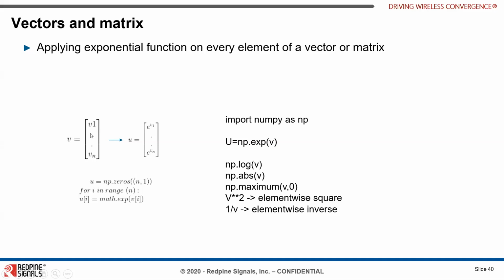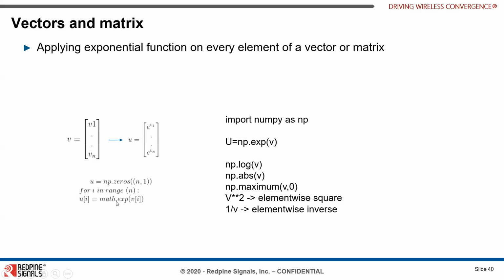Suppose v is a column vector from v1 to vn, and u is e to the power v1 up to e to the power vn. Here we can write the non-vectorized version like u is equal to np dot zeros of n comma 1, initializing with zeros, and then with a for loop, for i in range n, we can express this.